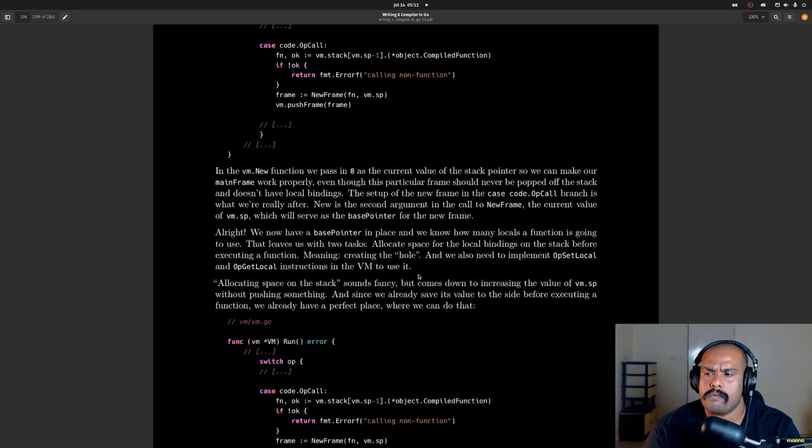No, I don't understand the purpose of having a hole in the stack. In the vm.New function, we pass in 0 as the current value of the stack pointer so we can make our main frame work properly.